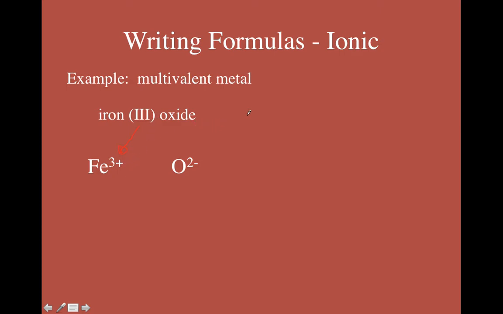Now my arrows come in for crisscrossing. And I get Fe2O3. Now I cannot divide this by 2. I could get down to 1 iron, but that would give me 1.5 oxygens, and I cannot have half an atom. So Fe2O3, I am done. That one's perfect.